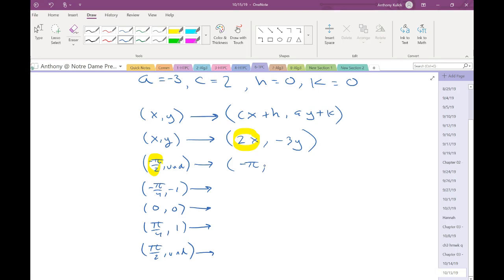Still undefined, right? Whatever you have that's undefined, you can do whatever you want to it, it's still going to be undefined. Everybody's okay with that idea? What's the next point going to be then? So we'll do negative pi over 4 times 2. What do I get when I do that?